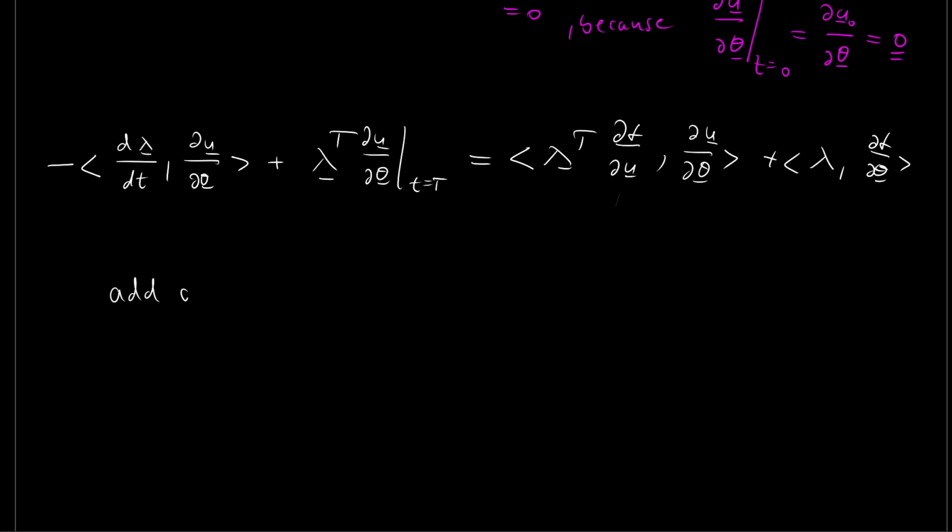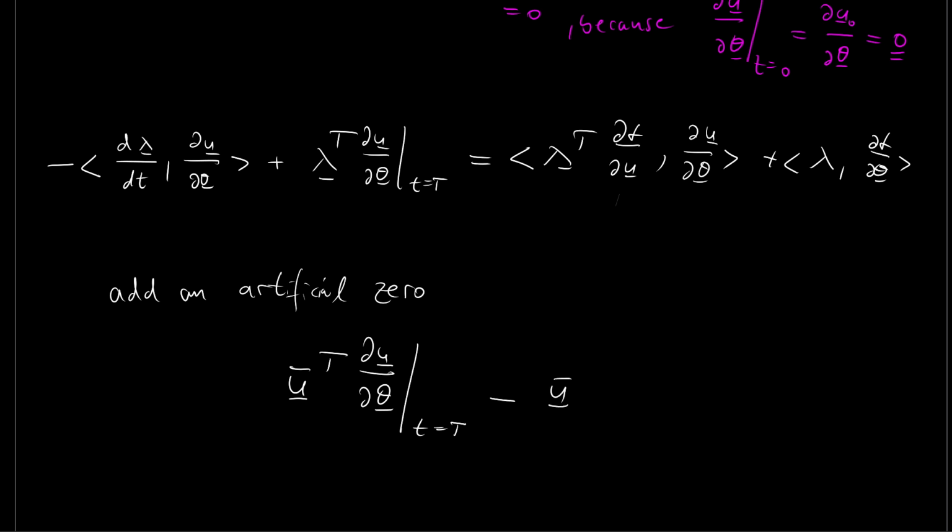This will look as follows, that we have u cotangent transpose with the Jacobian u with respect to theta evaluated at t equals capital T minus u cotangent transpose du with respect to theta evaluated at t equals capital T. And this will obviously be the 0 vector transpose, if you want to be super precise, but it will be 0 because we take the quantity and subtract it again from itself.